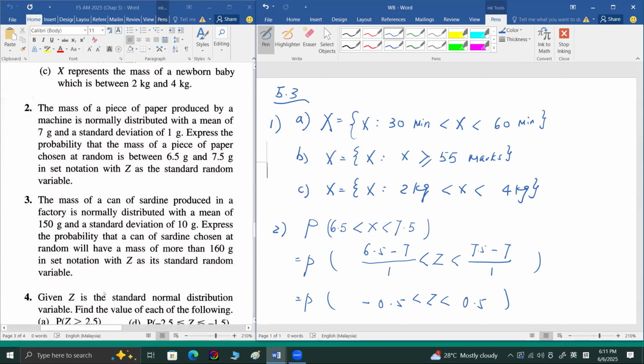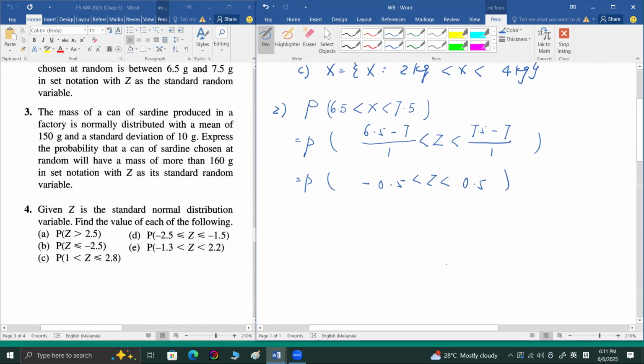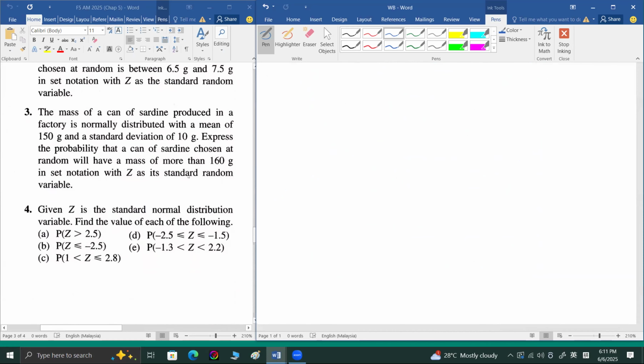Now we see number 3. Number 3 also asks you to express the probability that a can of sardine chosen at random will have a mass more than 160 grams. So first of all, we write in the normal way, in X form, more than 160.